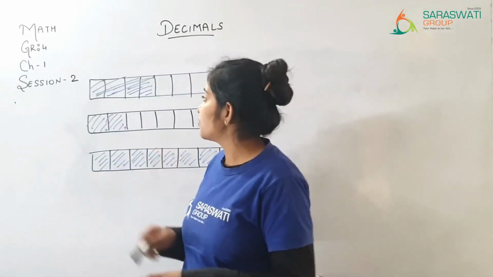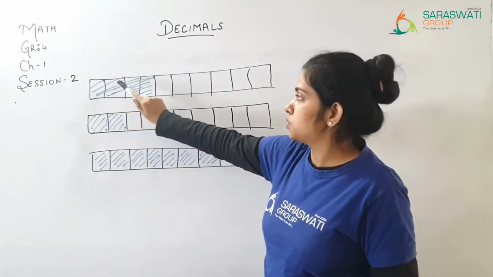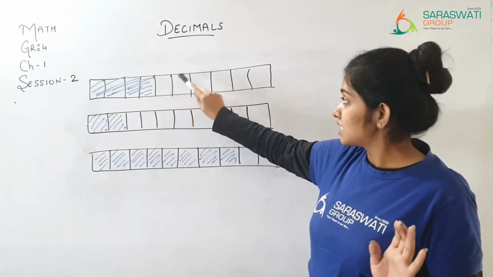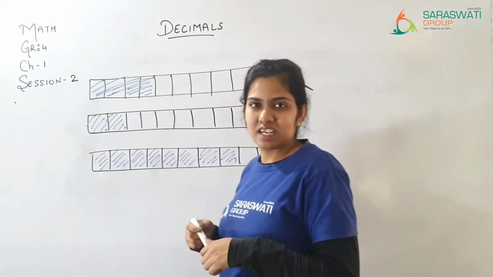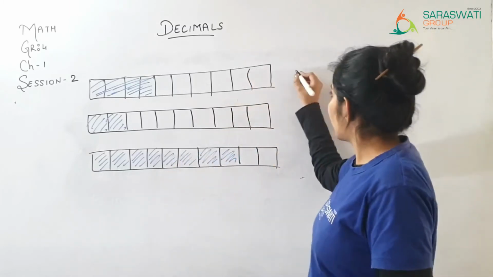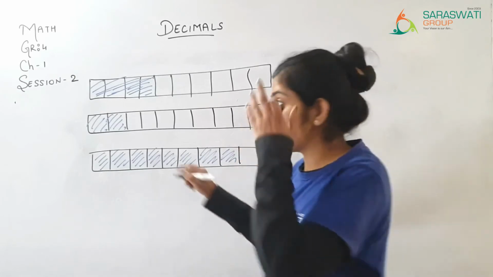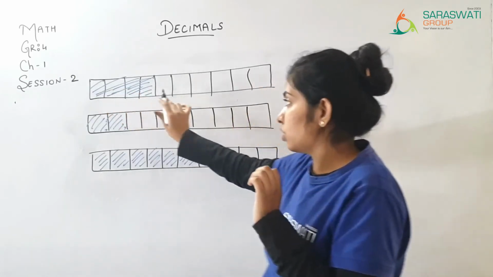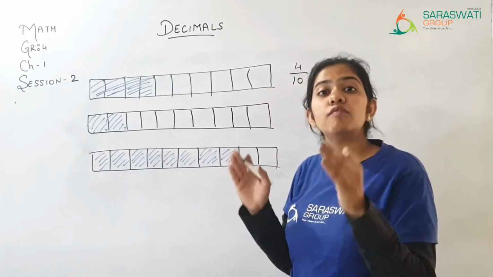So, over here how many boxes do we have? We have 10. 1, 2, 3, 4, 5, 6, 7, 8, 9 and 10 boxes. All these boxes are of 10. Right? So, in your fractions, you will write 10. And how many parts are shaded? कितने parts shaded है? 1, 2, 3 and 4. So, it is 4 upon 10 as a decimal fraction.